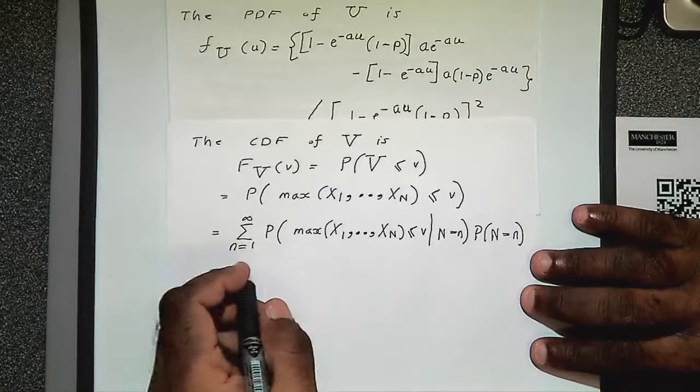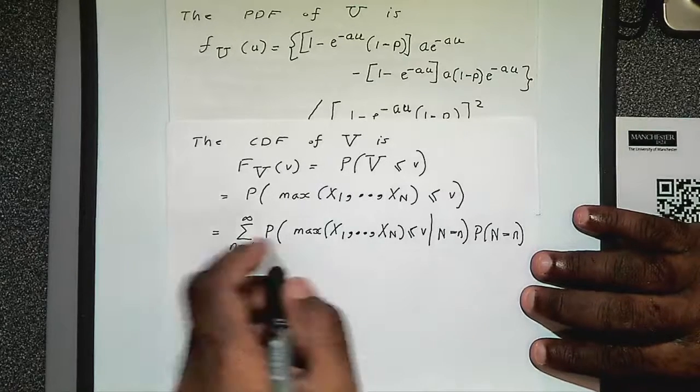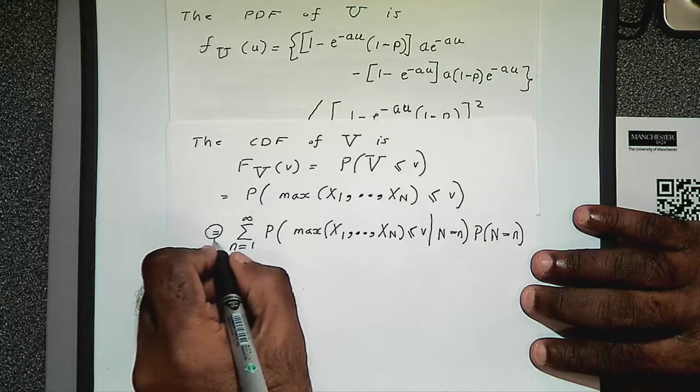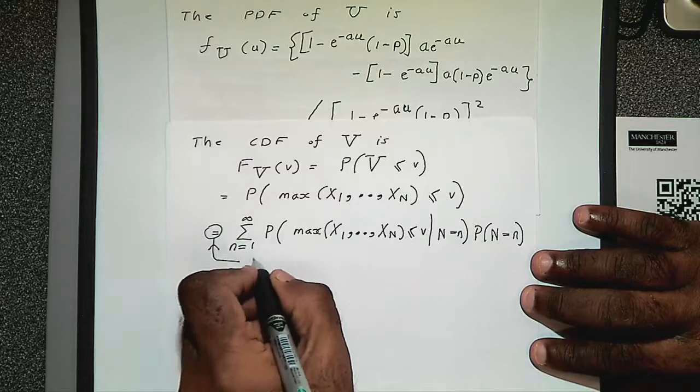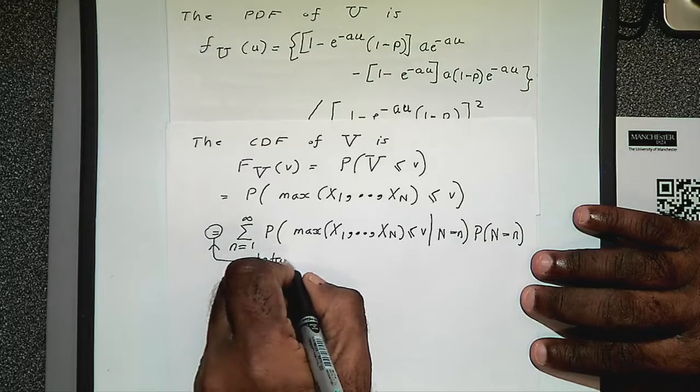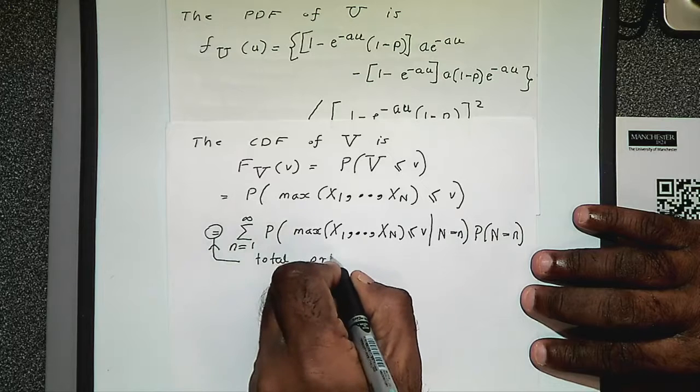Once again, this is the total probability rule.